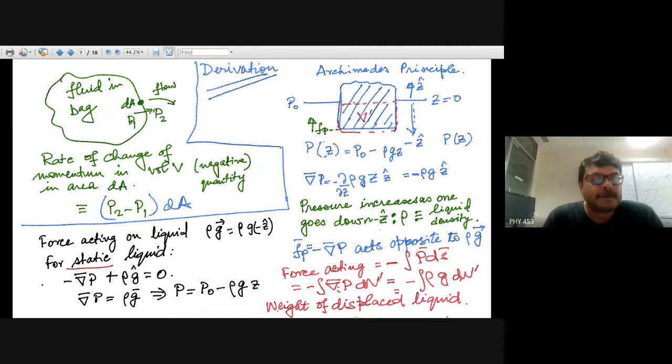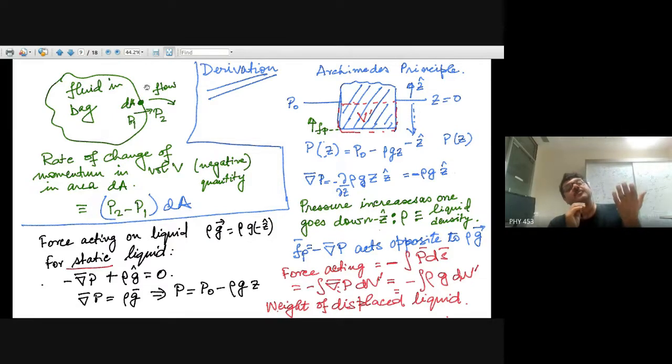Okay. So if you had the fluid in a plastic bag of volume V, and there was a small hole and all the fluid was flowing out only through this hole, then you could ask how much momentum is changing in this volume, right?